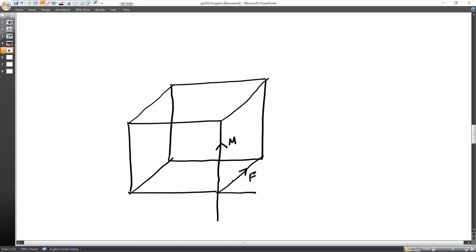Tell me. It will be positive x-axis or negative x-axis. Yes, it will be negative x-axis.